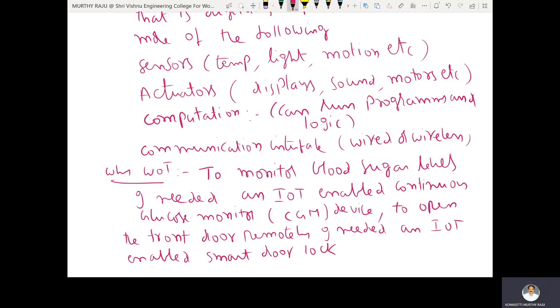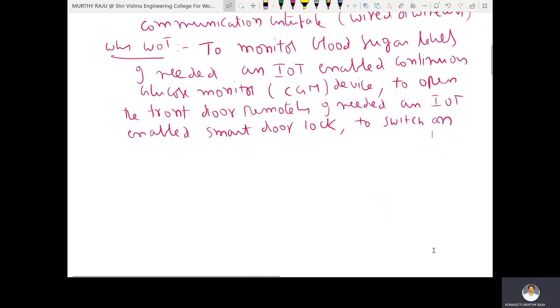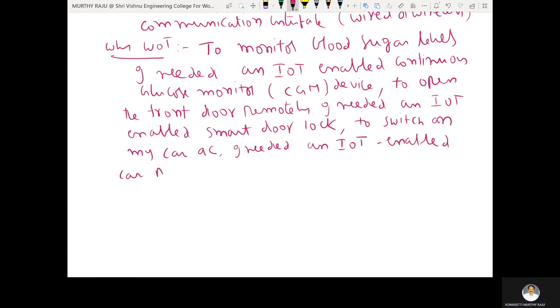To switch on my car AC, I needed an IoT enabled car AC device.